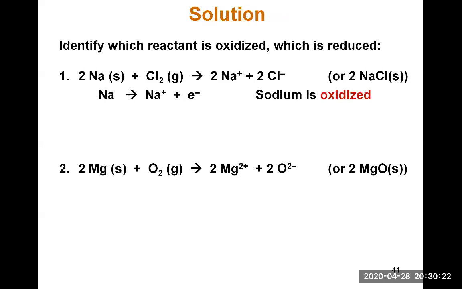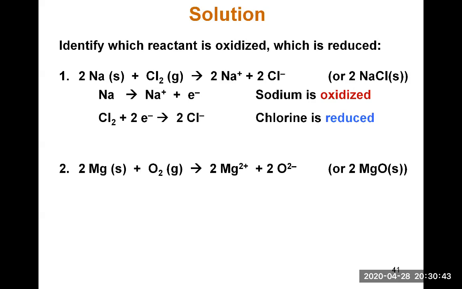And to become Na+, it has to lose an electron, right? It's losing one electron to become Na+. So sodium is oxidized, and if sodium is oxidized, then Cl2 is reduced. Chlorine is reduced into 2 chloride ions.